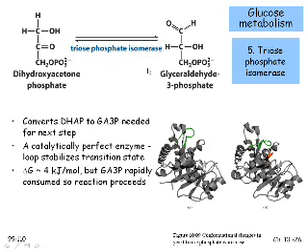Both of them are trioses, 3-carbon sugars, both phosphates, but they're isomers, and that's what this enzyme is going to do. It's an incredibly beautiful enzyme. It is only limited by how fast the substrate gets to it. Extraordinarily good enzyme. The free energy change here is about 4 kilojoules, which isn't great. But the glyceraldehyde 3-phosphate is going to get consumed rapidly, and so that pulls the reaction through.